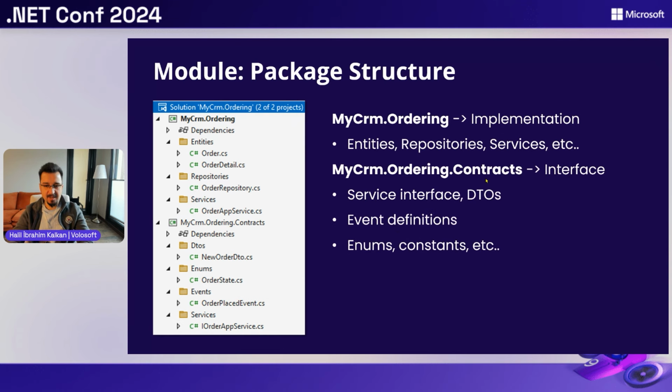And the second package can be the interface of your module that will be consumed by other modules. It can consist of service interfaces, some data transfer objects, some event definitions for event-based communication, and some other objects that you want to share with your clients.